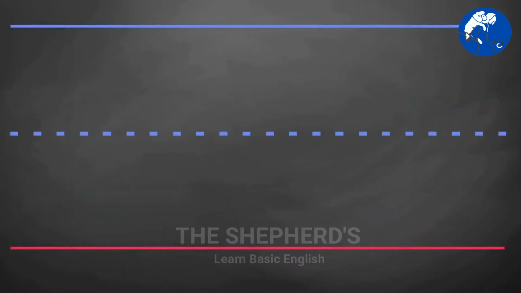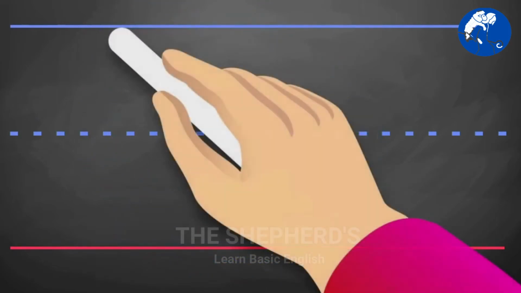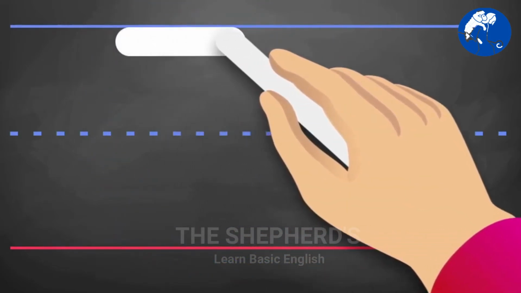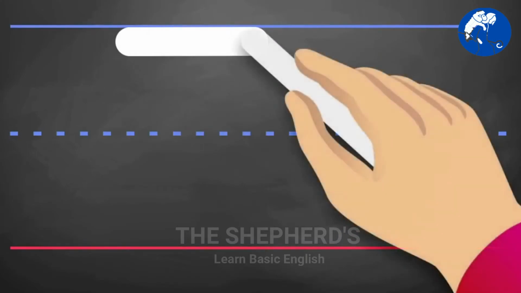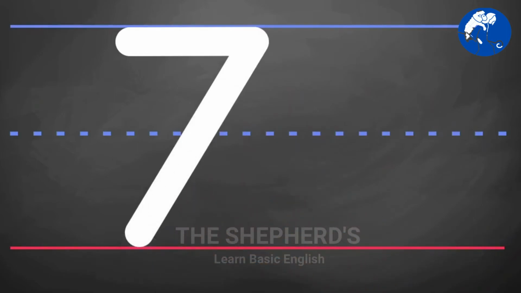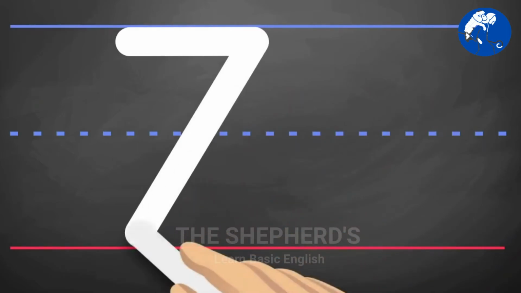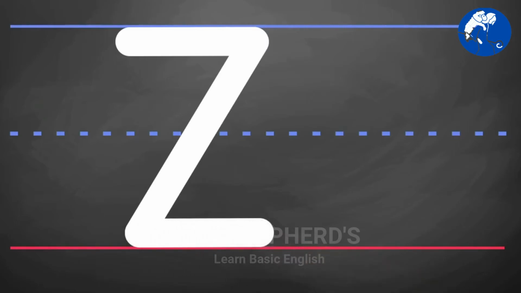The last letter. The letter Z. Uppercase Z. Across on top. Slant down in. And across at the bottom. Lowercase z.